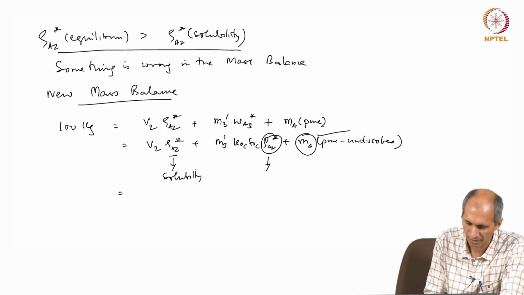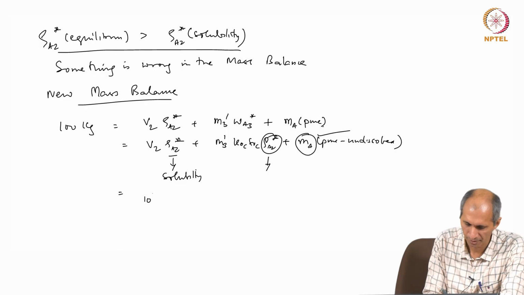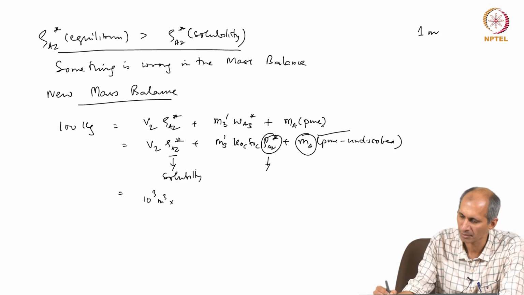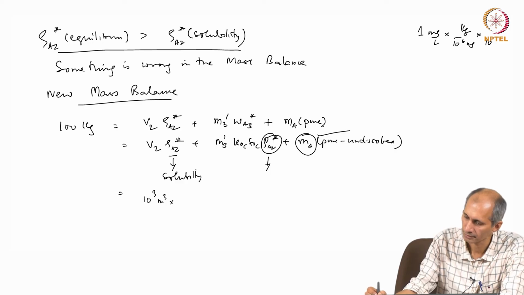So, here we do the calculation again, with the same numbers that we had before. It is 10 raised to 3 meter cubed into 1 milligram per liter. So, we do 1 milligram per liter into 10 raised to 6 milligram per kilogram into meter cube.